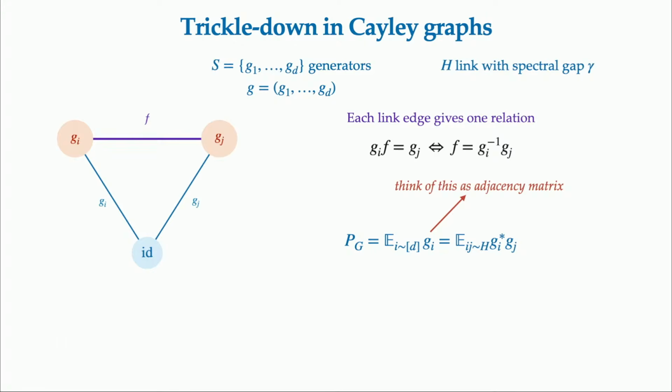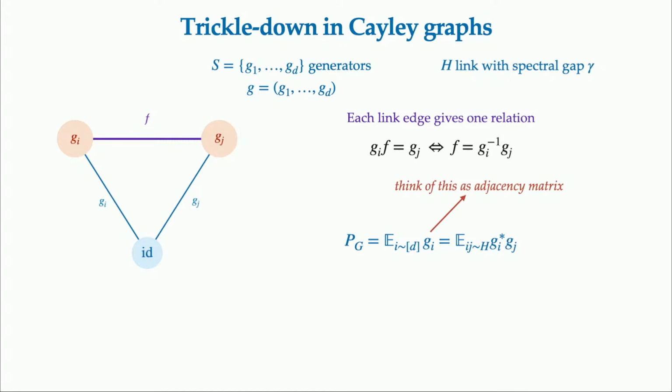I can actually think of the random walk matrix of the graph as being written in two ways. So first, the definition of the random walk matrix is I pick a random generator GI, and I look at the adjacency matrix of that generator. So I guess I am going to conflate and identify group elements with their adjacency matrices.